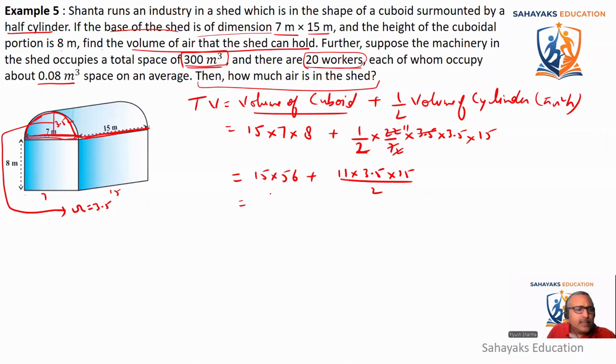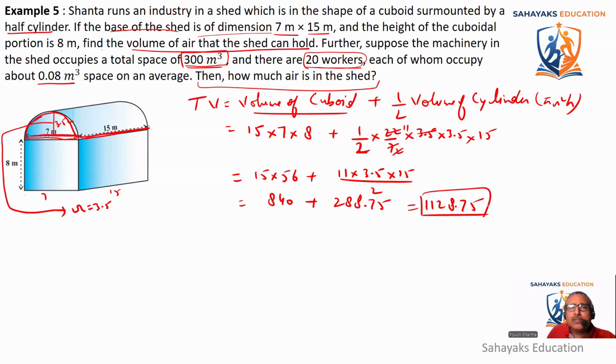So 56 multiplied by 15 gives us 840, plus 3.5 multiplied by 15 multiplied by 11 divided by 2, which gives us 288.75. And if I add it with 840, it becomes 1128.75. So this is the total volume.